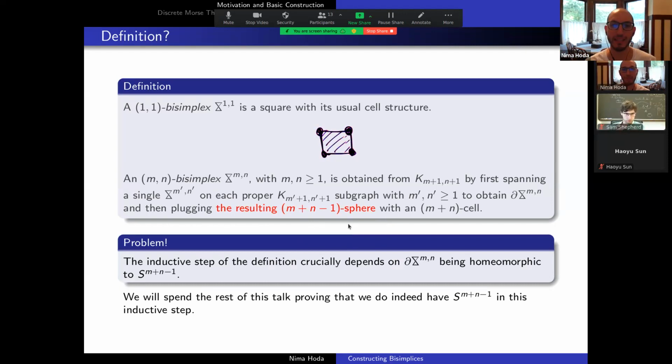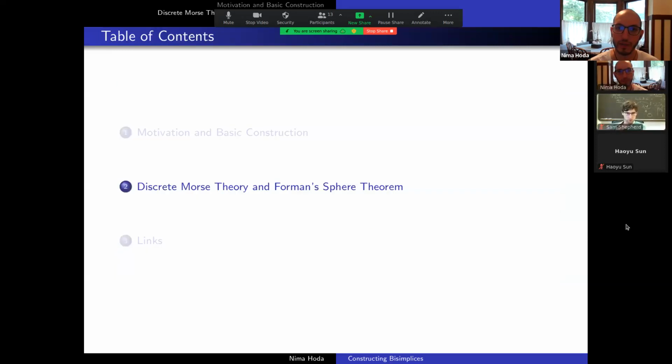That's the main difficulty in defining bisimplices, proving that in this inductive step, what we get is actually a sphere. One of the tools we're going to use to prove that it is in fact a sphere is discrete Morse theory of Forman and Forman's sphere theorem.